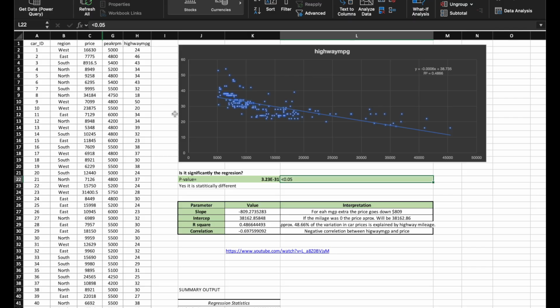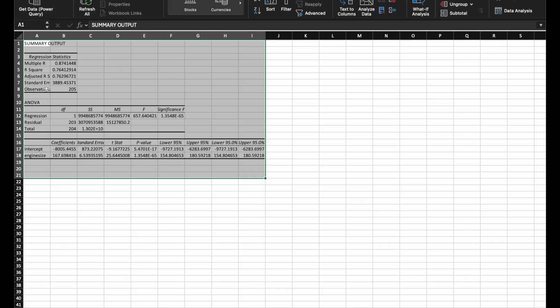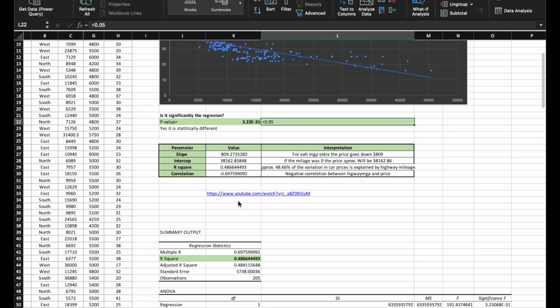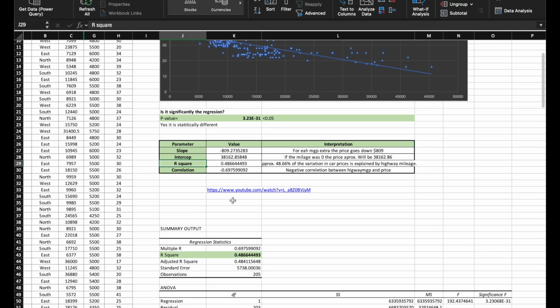To do it here in Excel, we go to data, again data analysis, we run a regression, OK, and then we select the input that is the price, and another input that is the peak RPM. Then we click OK, and here is the summary. Basically we're looking for the slope, the R-square, and the correlation.